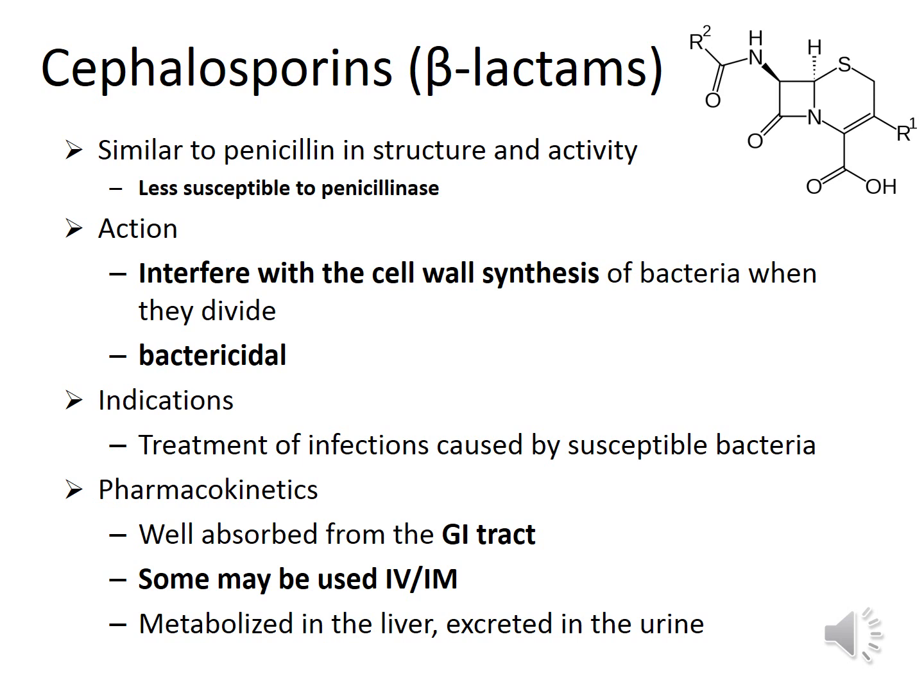So we go from broad spectrum to very narrow spectrum, and then back to broad spectrum again. We'll look at those when we deal with the different generations of cephalosporins in a bit. Most of them are well absorbed from the GI tract, although some of them are used intravenously and intramuscularly. Most are metabolized in the liver and excreted in the urine, like most other drugs.